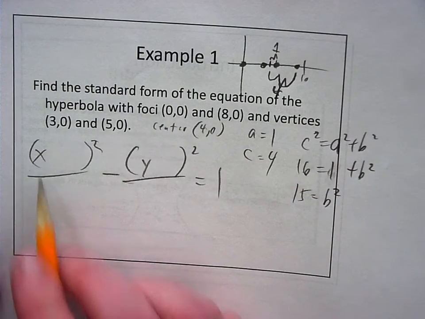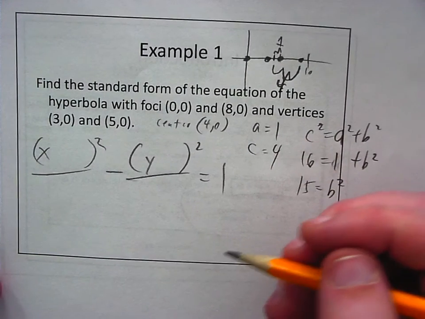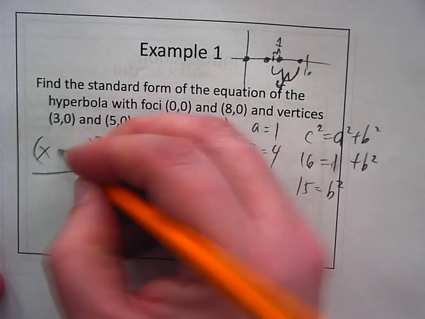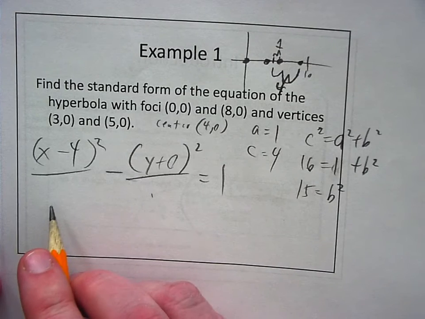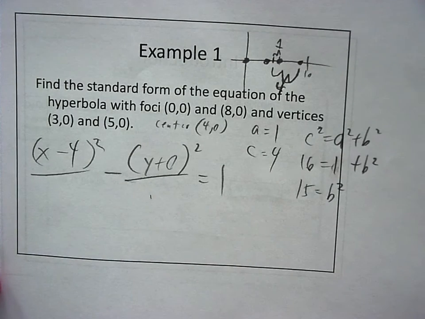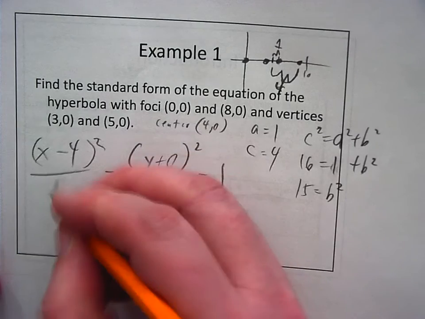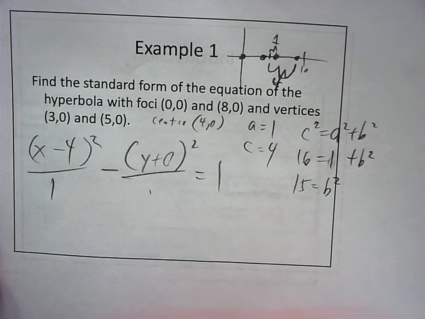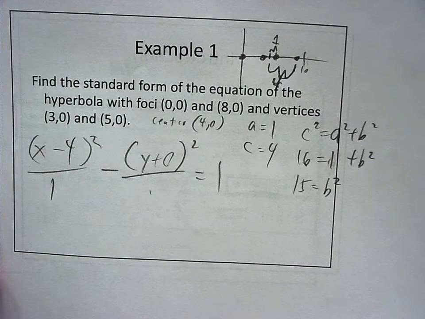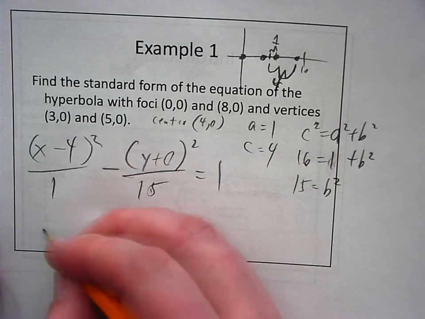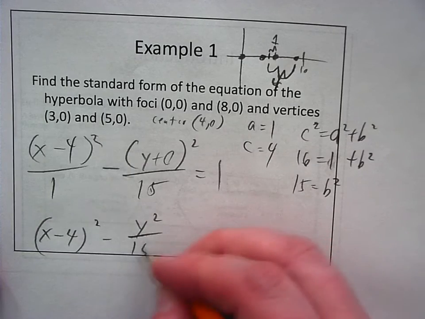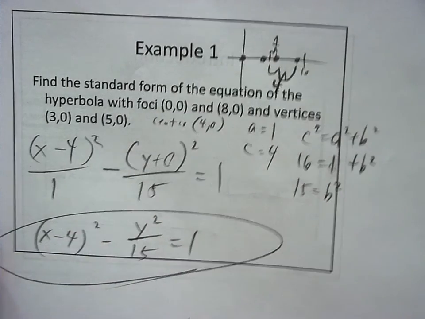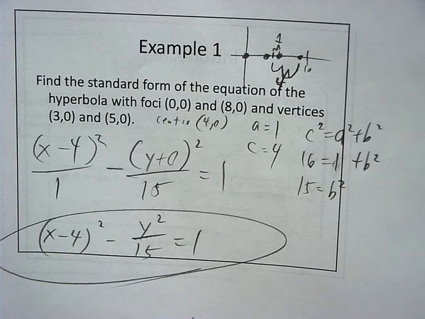So when I do this, the center, the 4 is 0, so what's that mean? Plus nothing, so deal with that in a minute. What's underneath the x minus 4 squared? 1 for the a squared. And underneath the y squared? 15. So clean it up a bit. Your equation would look like that. Not bad?